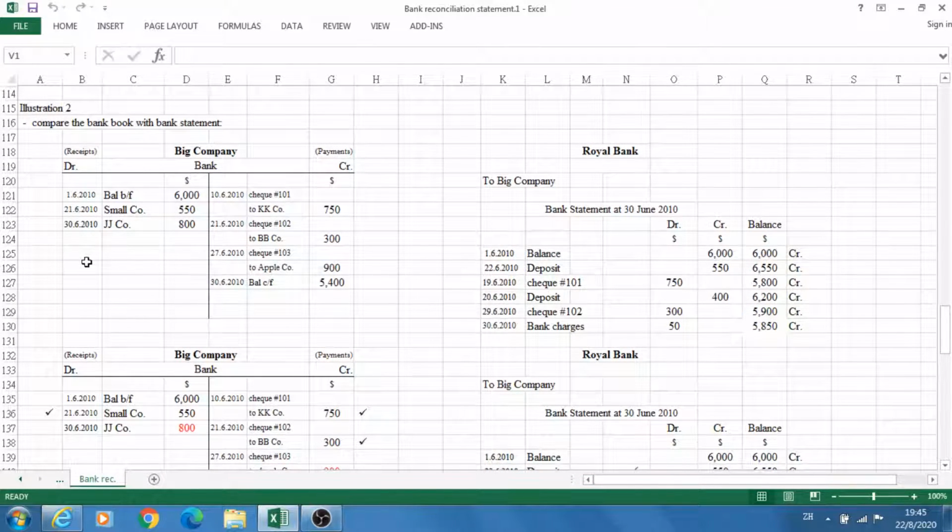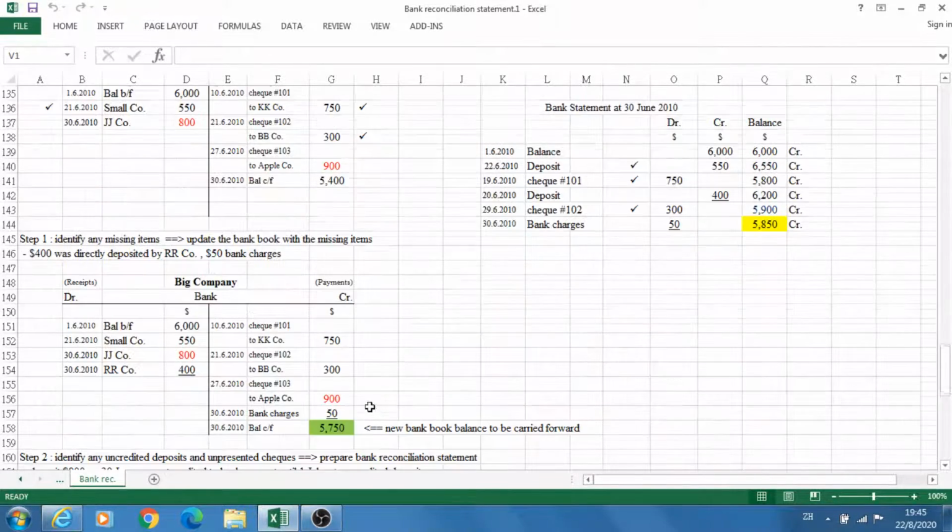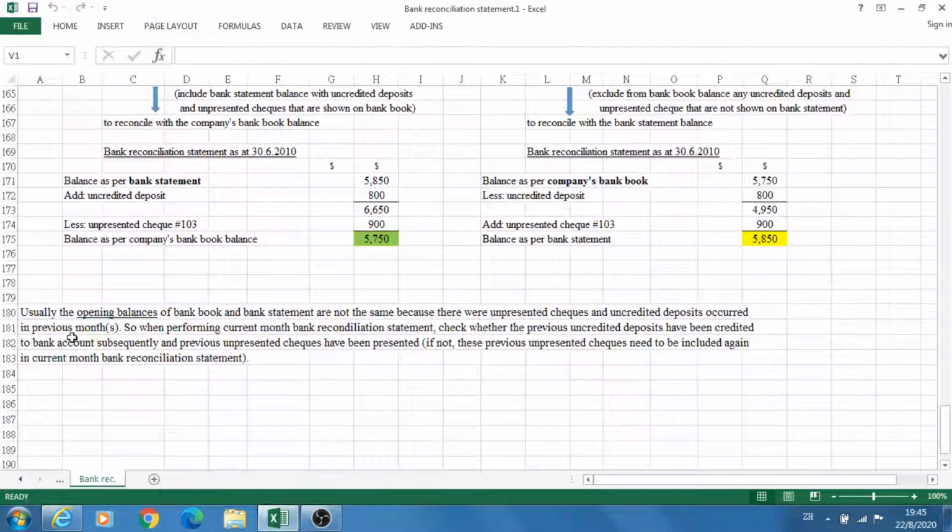The above examples show that the opening balance of bank book and bank statement are the same. Usually, the opening balances of bank book and bank statement are not the same because there were unpresented checks and uncredited deposits that occurred in previous months.